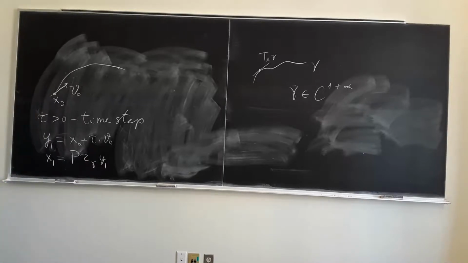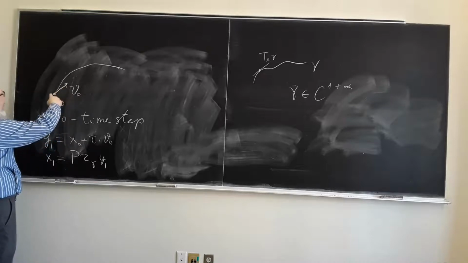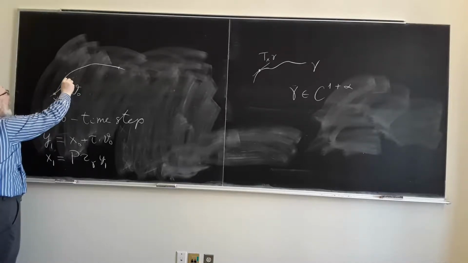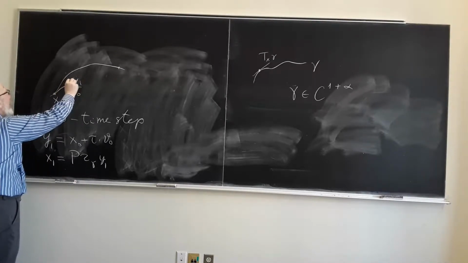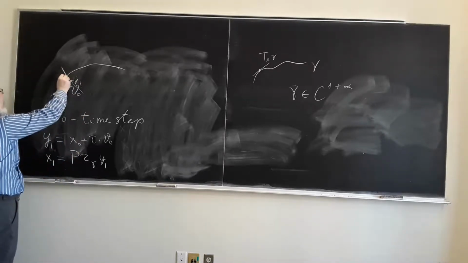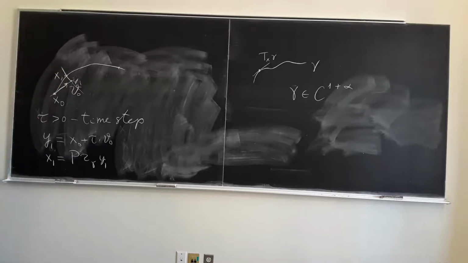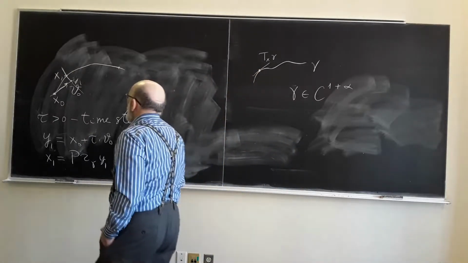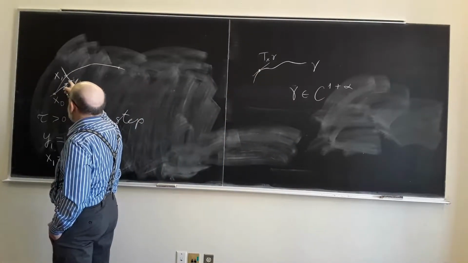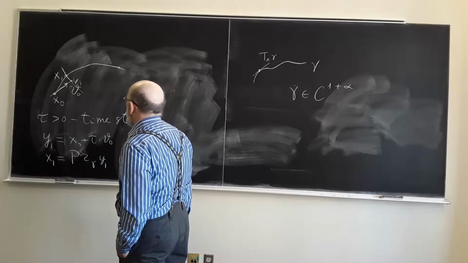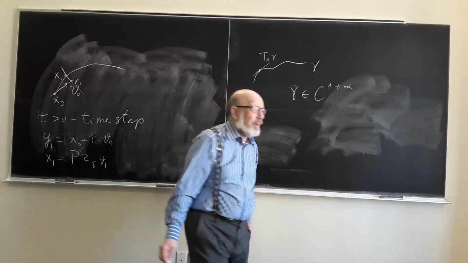Projection means the nearest point. Take y1, consider the direction which is orthogonal to the velocity, and take this x1. So this gives a point on the curve which is nearly closest to the point y1.